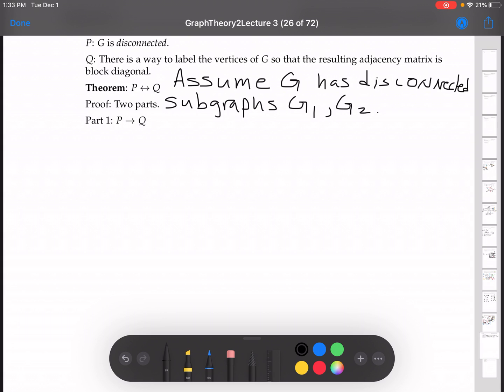So we can assume that G1 has M vertices and that G2 has N vertices. Remember the little v of G1, that's the number of vertices. And we'll assume that M and N are positive integers.